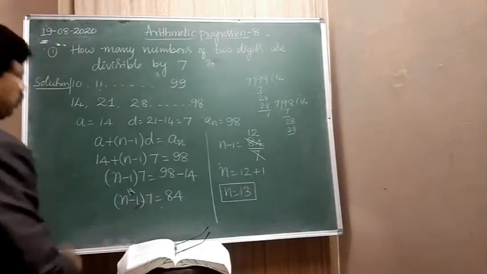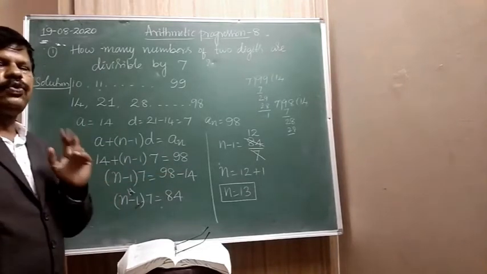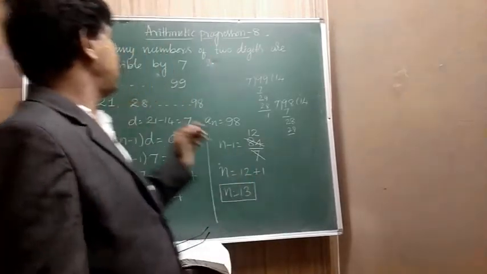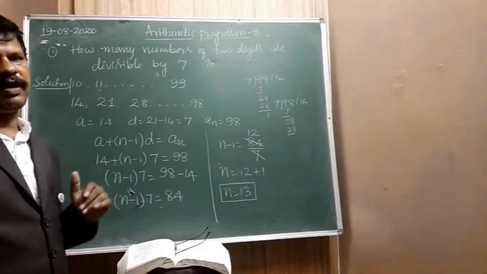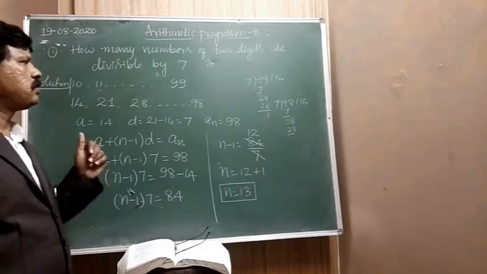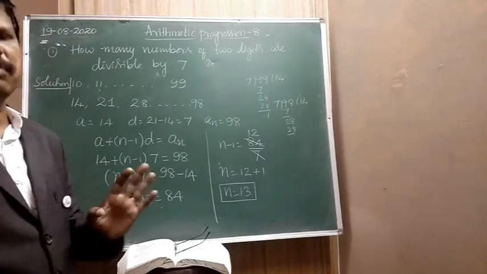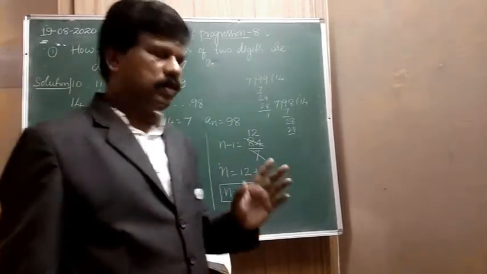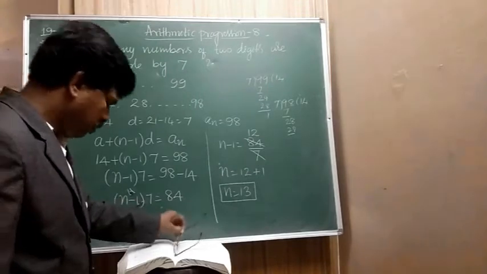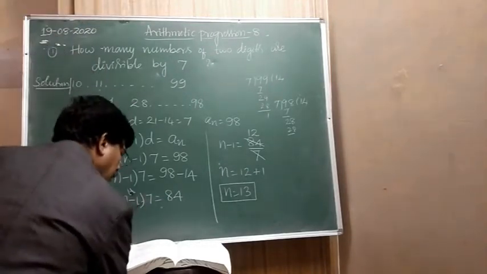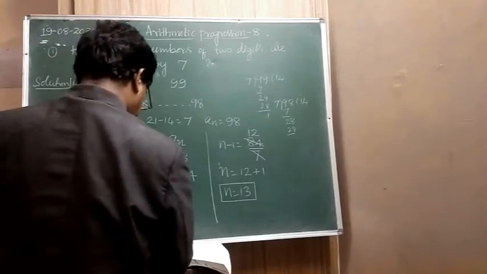Therefore, there are 13 two-digit numbers which are divisible by 7. Two-digit numbers which are divisible by 7 are only 13 numbers. Clear? This is one question. What are your doubts? Clear? Now, next.